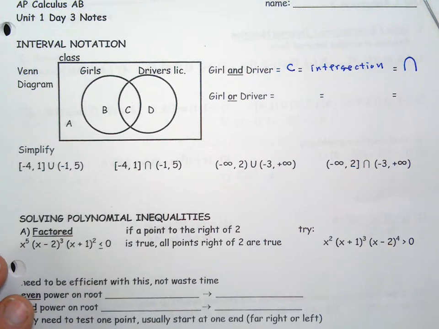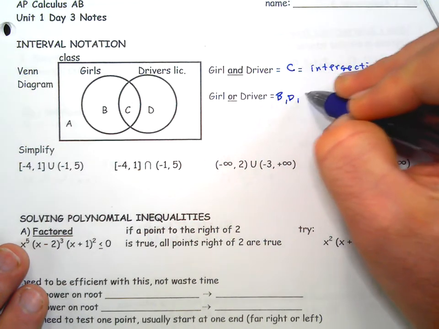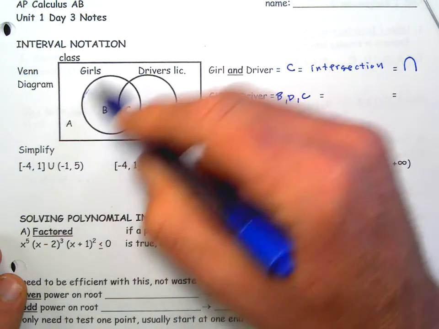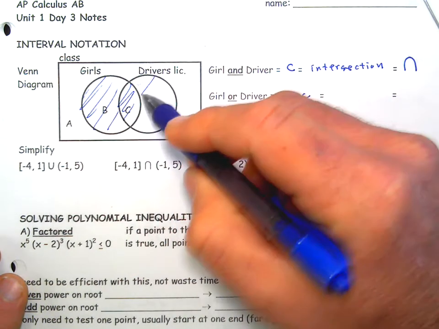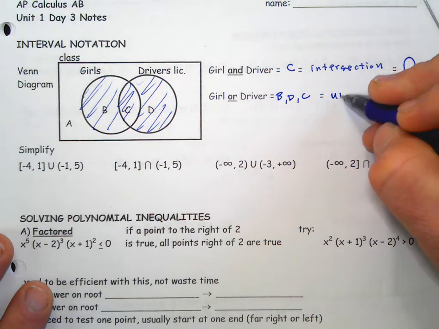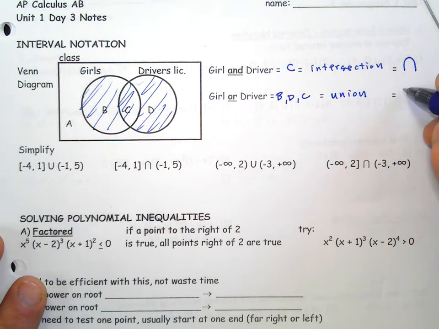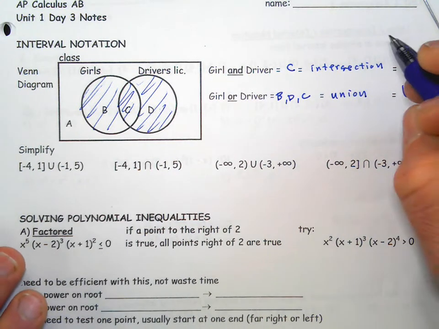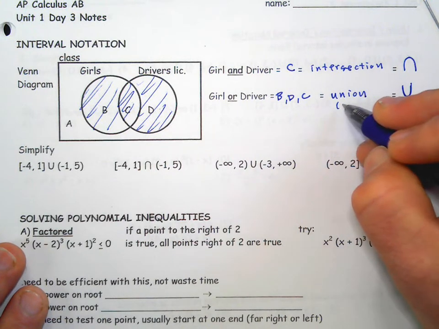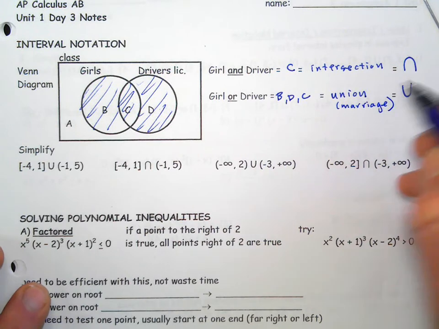And then girl or driver would be everyone in regions B, D, and C, right? Because it could be these ones, it could be these ones, or it could be these ones. And what we call that is the union of those regions. We use this capital-looking U, and that kind of makes sense for union. Now, union, just to help you remember, is a fancy word for marriage sometimes, right?